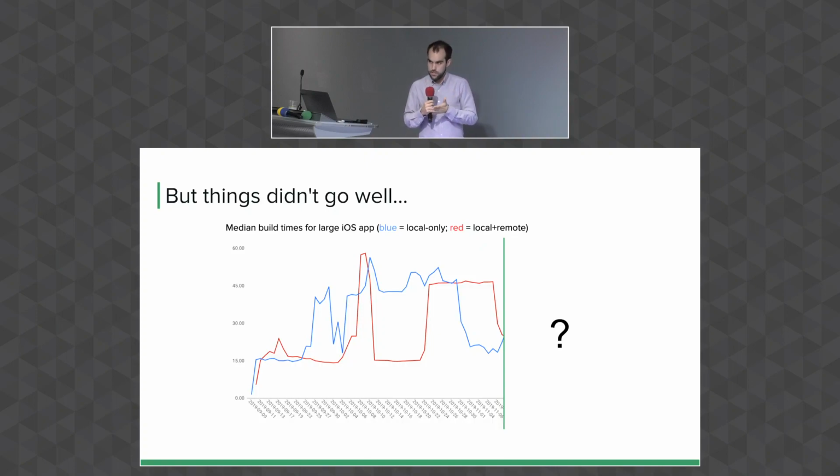Because you are doing the same thing as you're doing locally, plus you have access to remote resources. But as you can see, the line jumps all over the place, and it makes no sense. Not good. Needless to say, we measured this with micro benchmarks, and everything was great. But when we started looking at actual user behavior is when we saw that things weren't playing out as we thought. So then we had to go back and see what's happening.